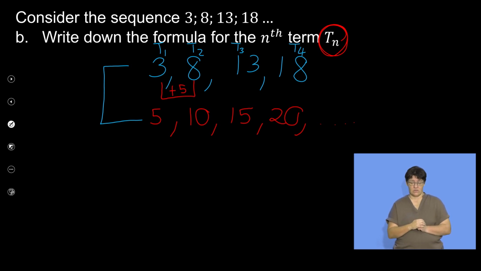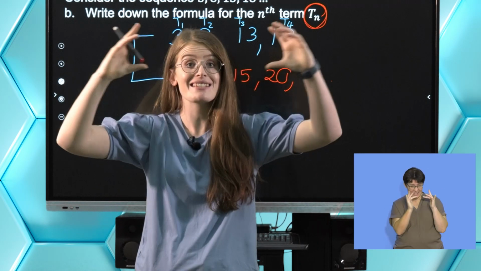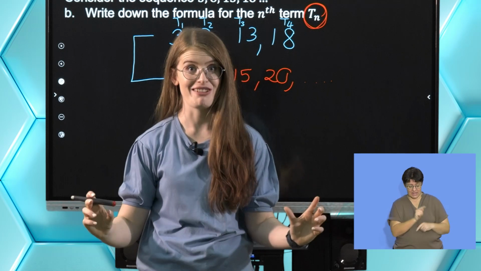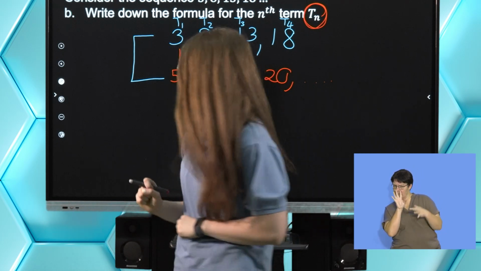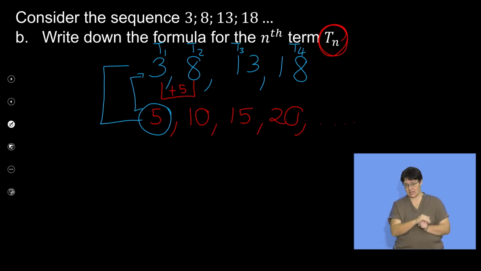At home, I'm going to ask you, is there any connection between the pattern that's given to you and the multiples of 5? Let's have a closer look to see if we can see a connection. When we look at the first multiple of 5 in relation to 3, we can see that it is essentially 5 minus 2.